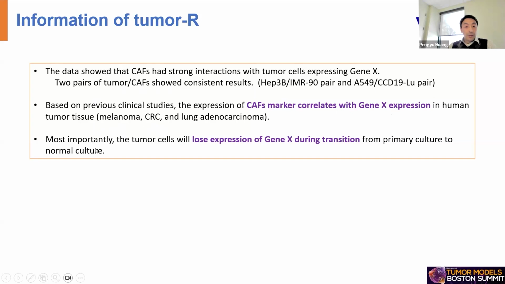So the most important thing is that gene X usually loses expression during the transition from the primary culture to the normal culture. If you take a tumor out and make cell lines, or some kind of PDX model, gene X will be lost.